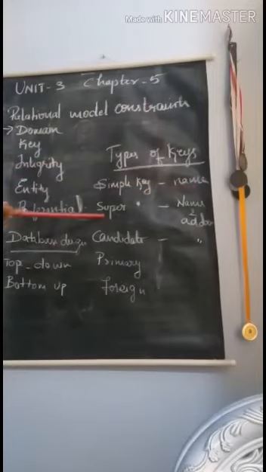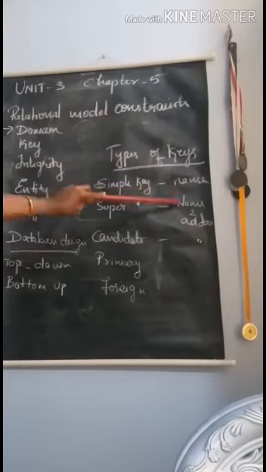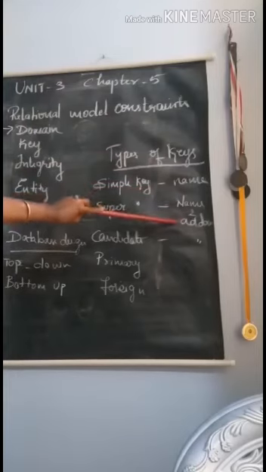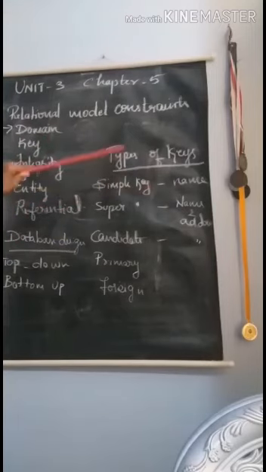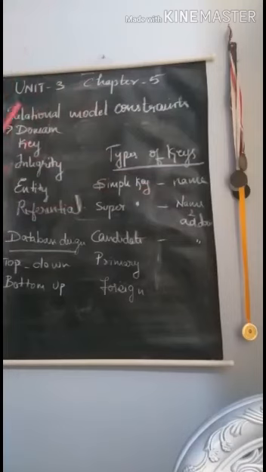Next one, super key. When you are very particular, the name might be repeated but the address won't be the same for the same names, correct? That we call a super key. A simple key contains a single attribute, only one. If it is a first name, only one first name will be there. You can't make 2 different first names or 2 different last names. Next is the super key.